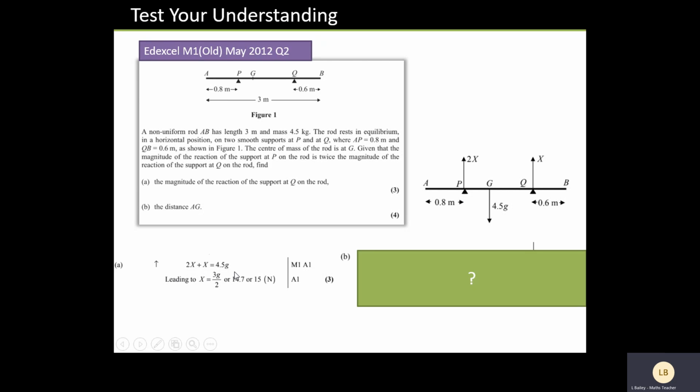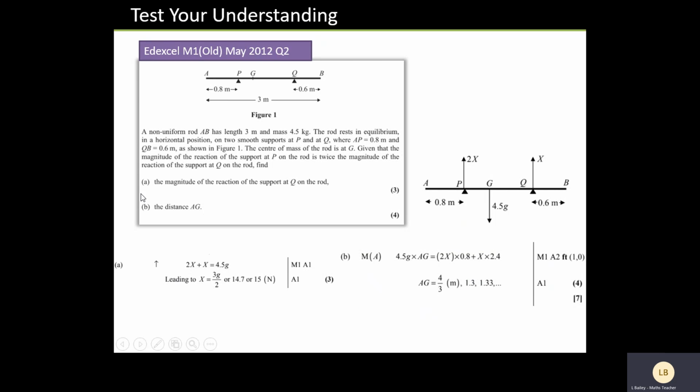You've got 3x going up. Your forces coming down is just the weight of the rod, so it's 4.5 G. You can solve that, and your only unknown is the x, which is 14.7 or 15 newtons.